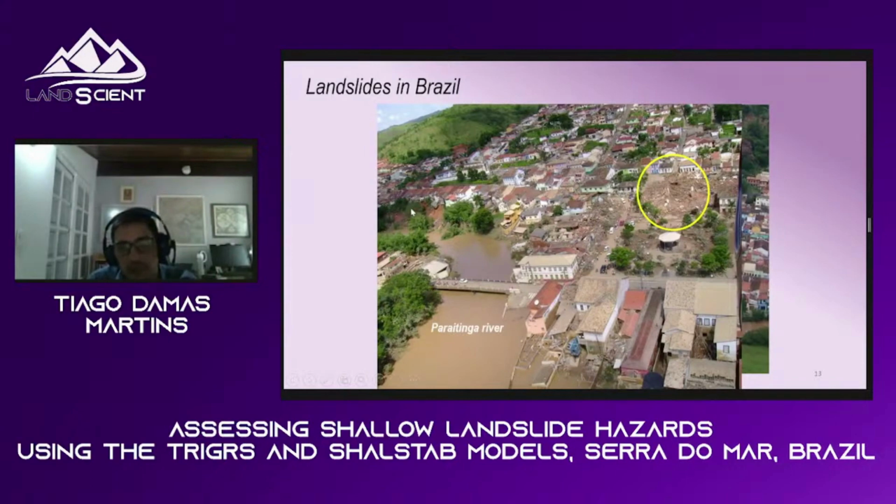But here you can see one of the clear examples of our risk areas in Brazil. People living near the riverbank or occupying steep slopes prone to mass movements, and all this heritage also occupy areas that are susceptible to mass movements and floods.